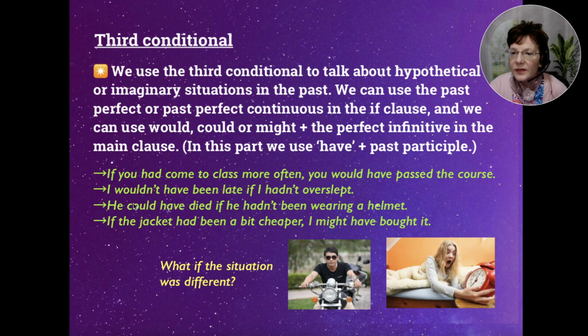And then there's I wouldn't have been late if I hadn't overslept. Okay, past perfect here, and then this is negative, wouldn't, and then have been late. So present perfect here. And then this one, he could have died if he hadn't been wearing a helmet. Or if the jacket had been a bit cheaper, I might have bought it. So basically we're asking in third conditional, what if the situation were different?